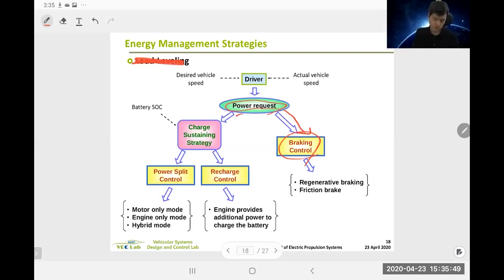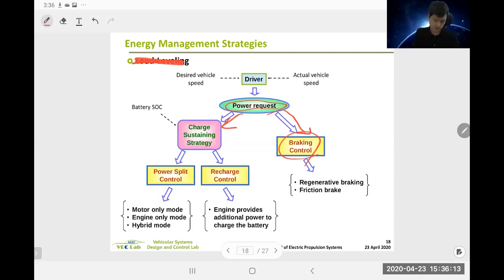If the driver asks for positive power, then the power blending, the energy management controller has to command everything, right? Shift, engine, motor, everything.